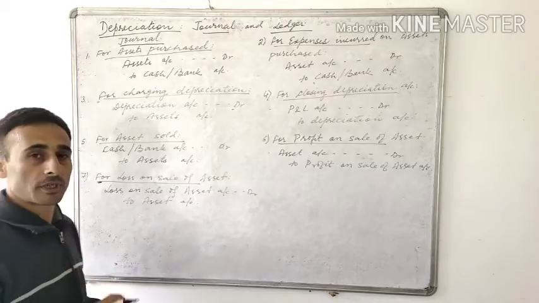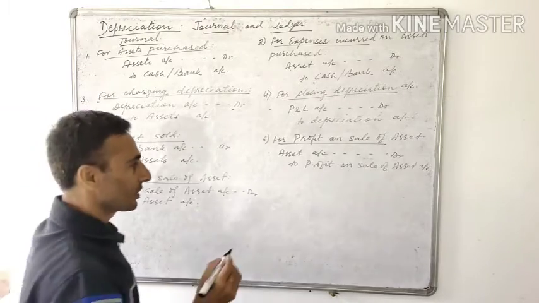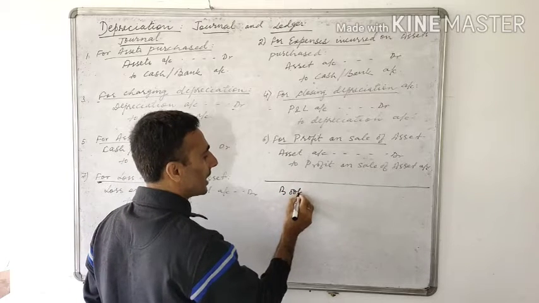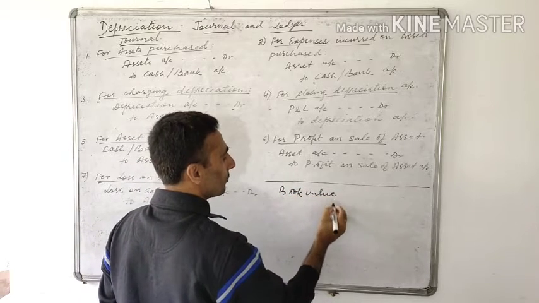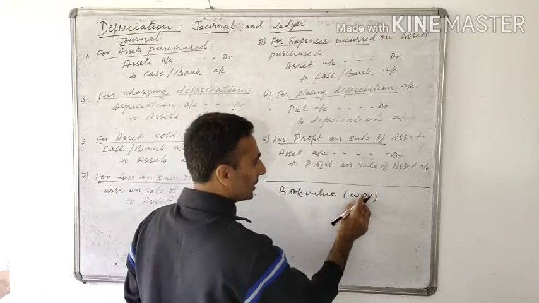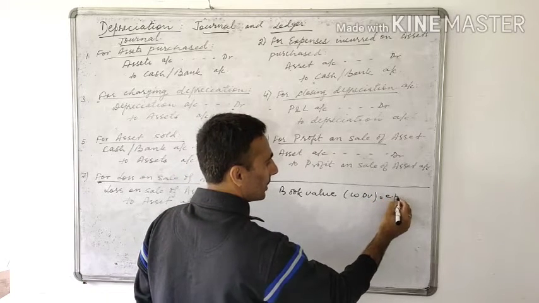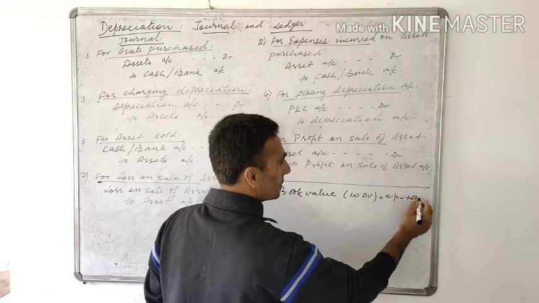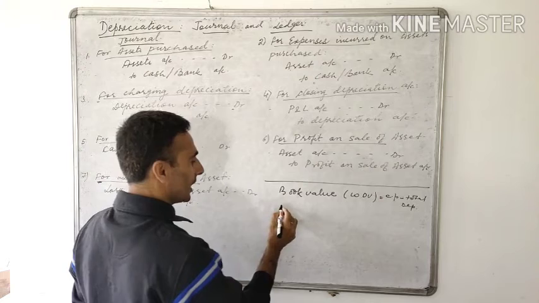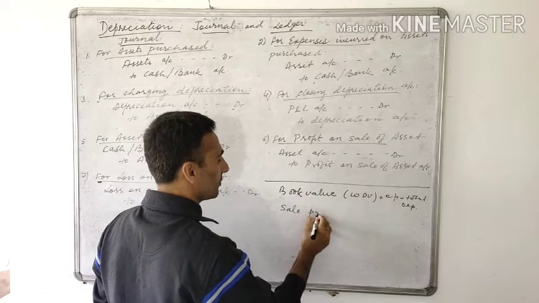Right? Now, how to calculate profit or loss on sale of asset? In order to calculate the profit or loss on sale of asset, you have to know these two values, that is book value, which is also known as written down value. How do we calculate this? This is cost price minus total depreciation will give you book value. Then you have to compare the sale proceeds.